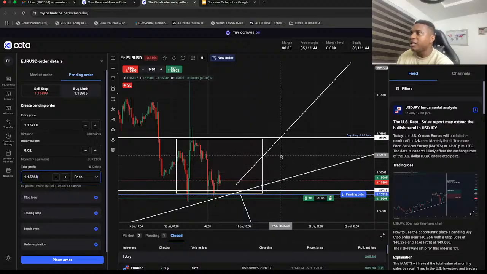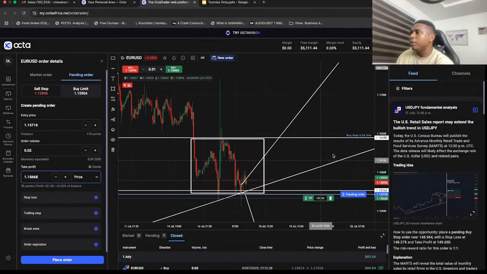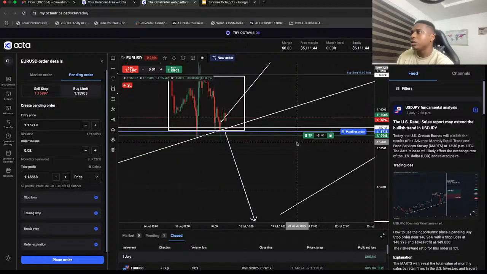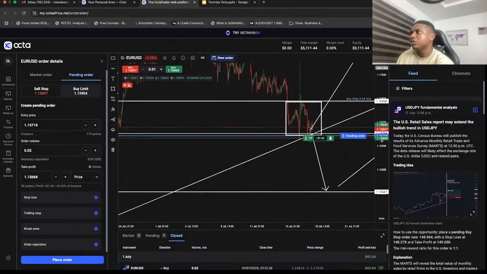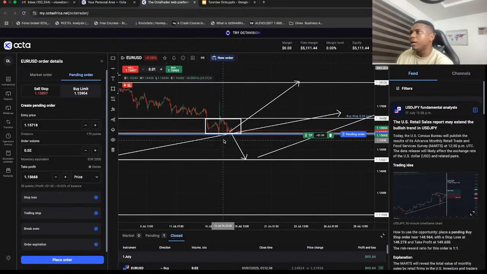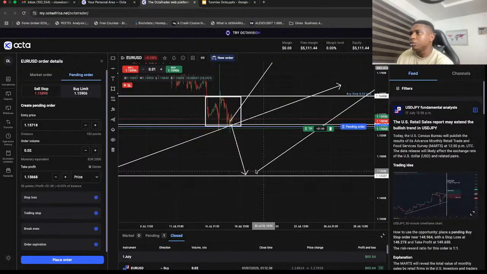So we go to take profit. If I'm selling, what level would be my target level? Let me just take this. This will be my target level. It's quite close, but I'm not risking too much on the sell side.